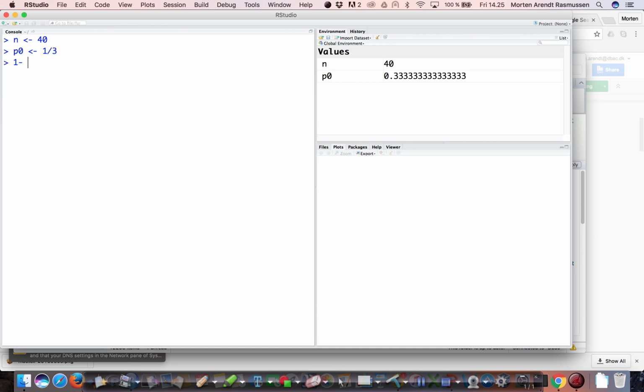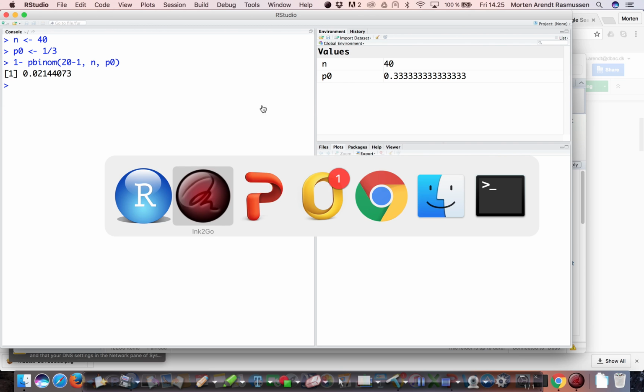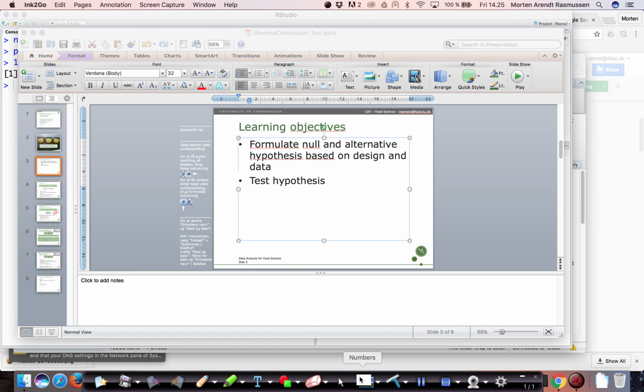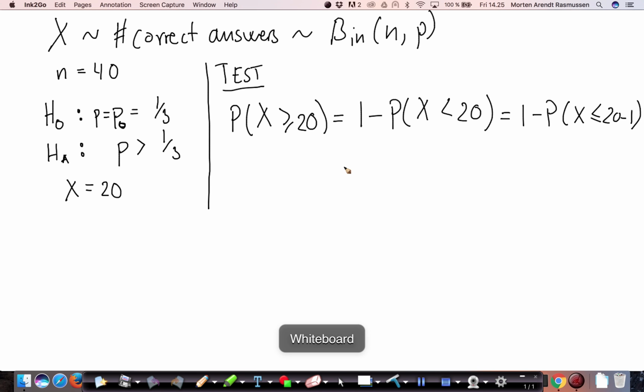This function is called pbinom, and we put in 20 minus 1, that's the quantile, then n, and the probability. In this case it's 0.02. So this equals 0.02.